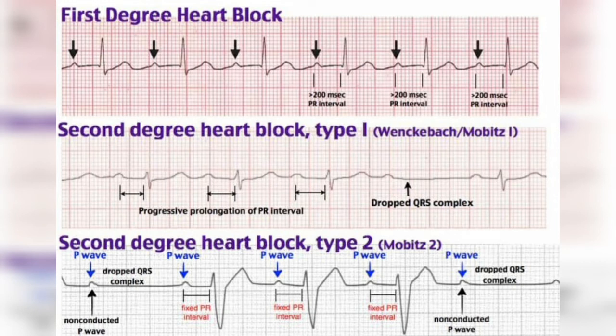Patients with Mobitz Type 2 often present with fatigue, dyspnea, chest pain, pre-syncope or syncope, and even sudden cardiac arrest. Physical examination will often reveal bradycardia.